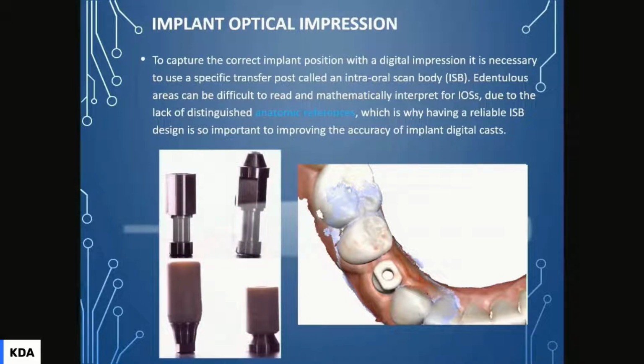And with scan bodies, we can have either bone level scan bodies or abutment level scan bodies. And there is a reason why we have two different parts. The first reason is if we have a single tooth or a prosthesis that's going to be on the implant level, we need to use the implant level scan body.